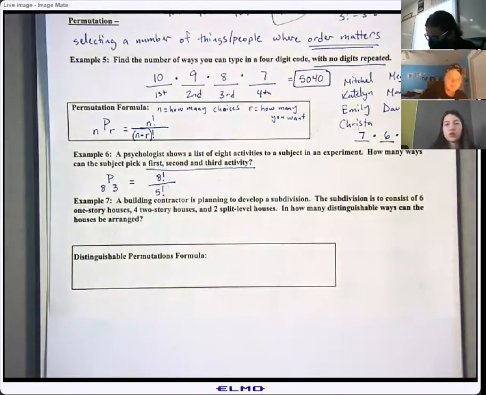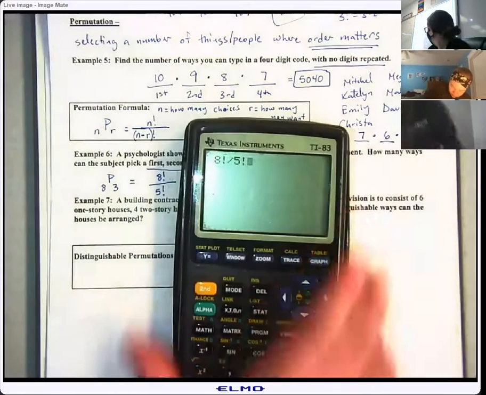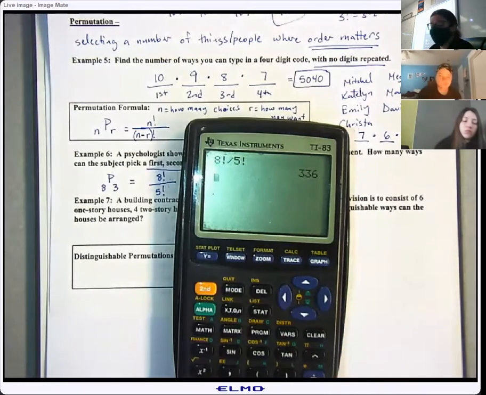So in your calculator right now, hit 8 factorial and then divide by 5 factorial. So you first type in the number you want, so 8. And then you go to math, probability, the 4th one down, I think. I got 336. You guys get the same thing?